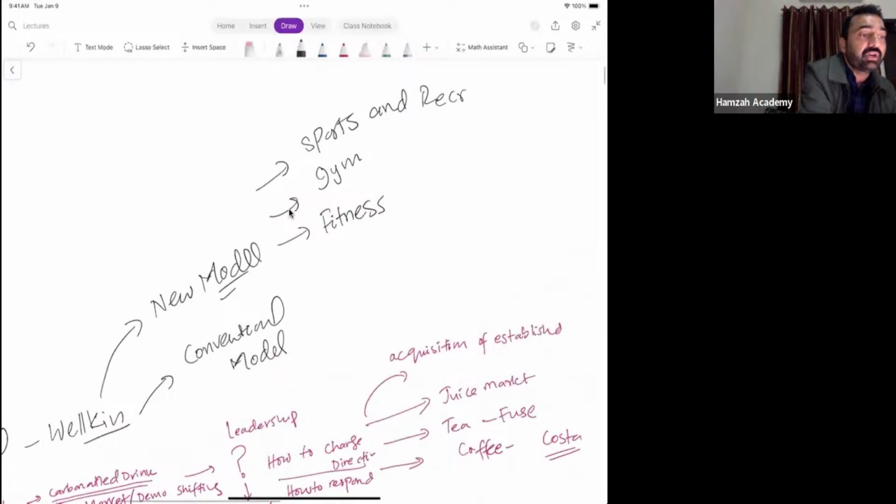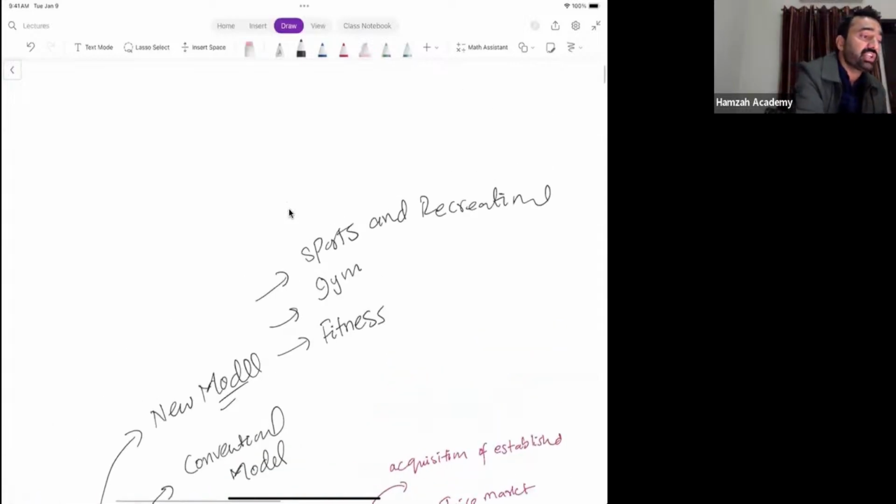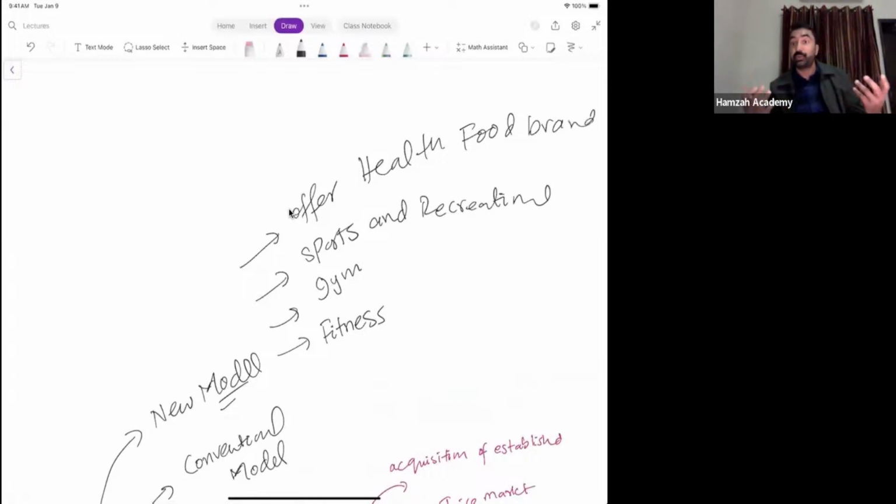They might set up their own department or function because there is more and more demand for fitness and health consciousness, or they may even offer their own health food brand that might cater to people with, for example, diabetes.